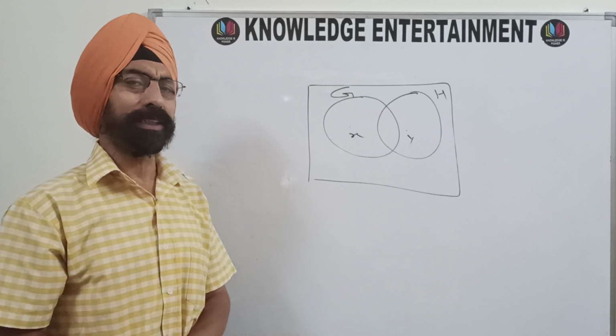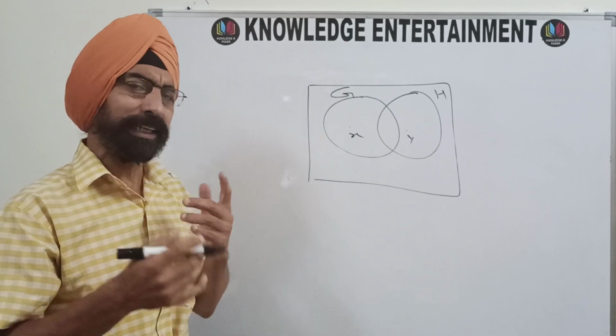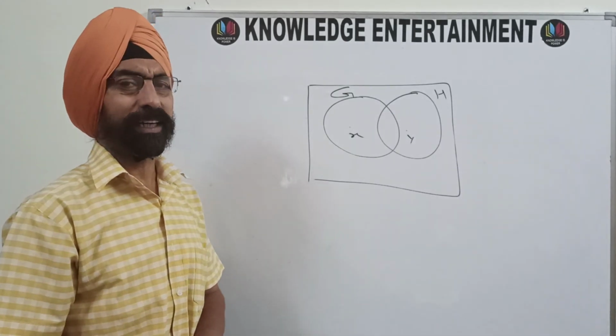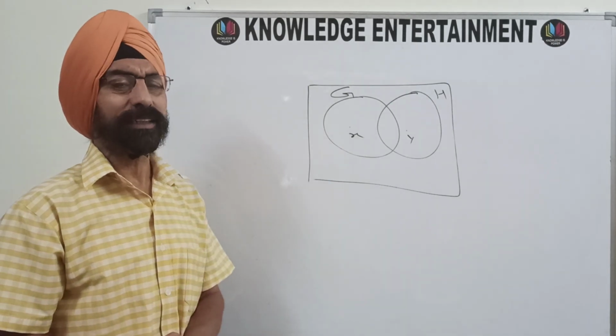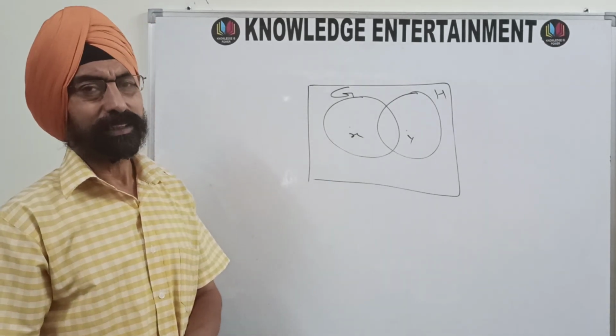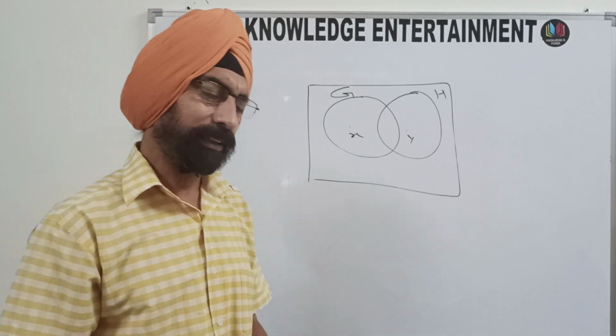Both these open sets G and H exist for any two distinct points x and y. If this condition is satisfied, then we say that the space is a T1 space.